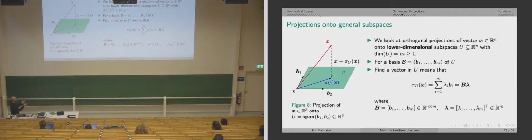So we can write down the linear combination of the basis vectors as a matrix multiplying some scaling vector. That scaling vector is just a bunch of these lambdas stacked together. And the basis matrix is the expression of the basis vectors as columns of B here.